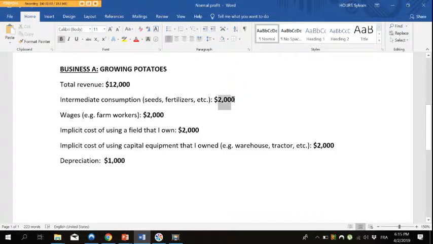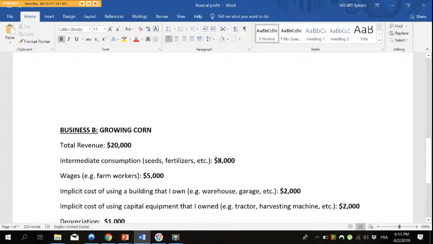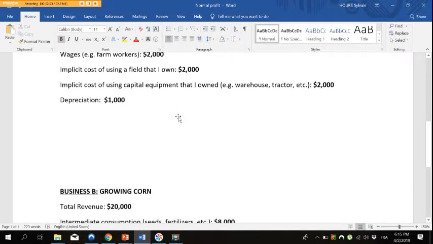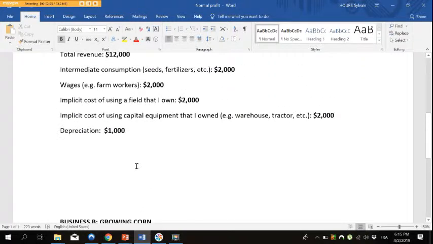So we have this first cost of production, of course, for business A and for business B. This farmer might also need to hire some farm workers. Maybe he needs some help to be able to carry out this production. So there will be some labor cost, wages. Same thing for business A and for business B.